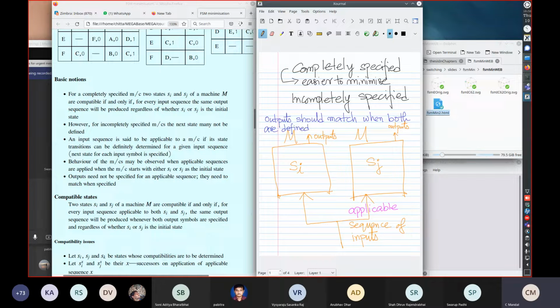That is the requirement for compatibility.